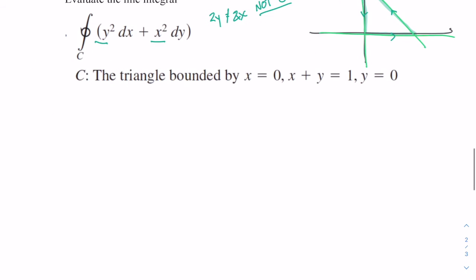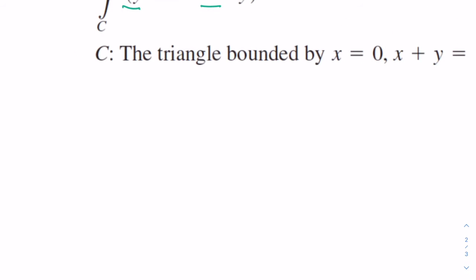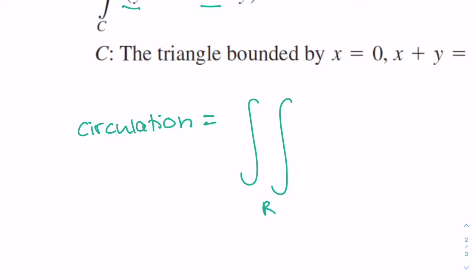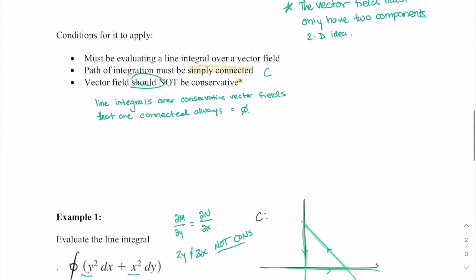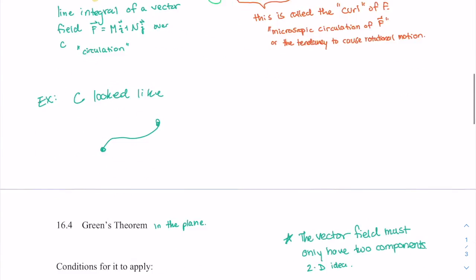But we can use Green's theorem to say that the circulation is equal to the double integral over R of dN/dx minus dM/dy dx dy. Sometimes I forget the order.